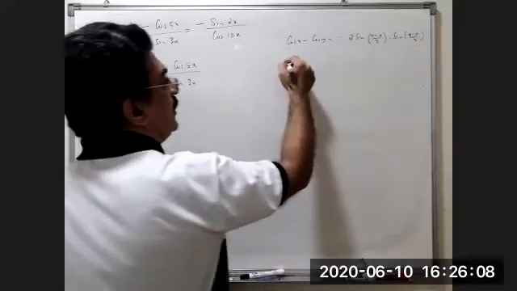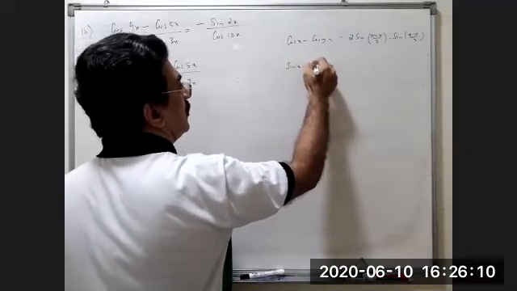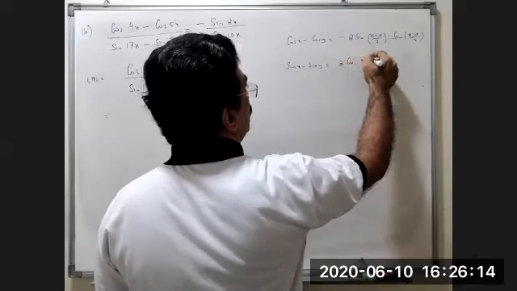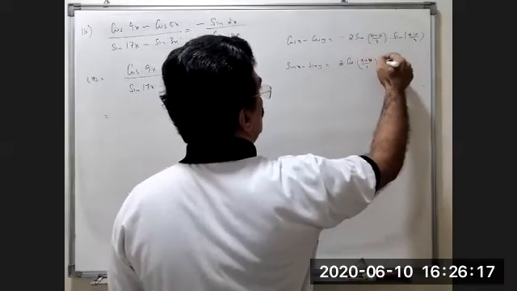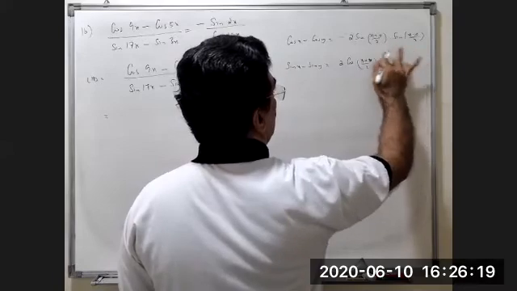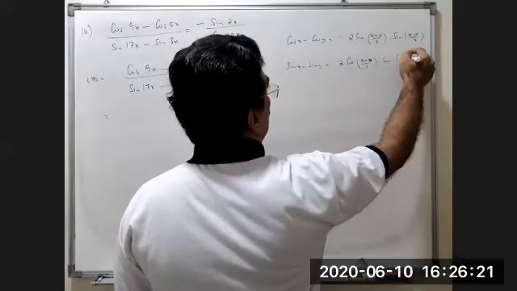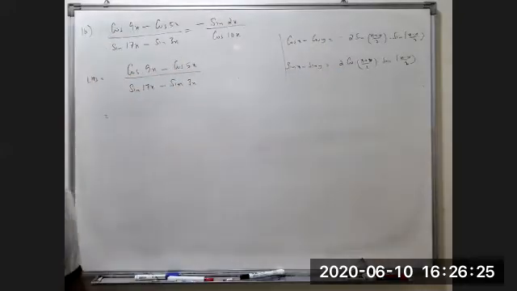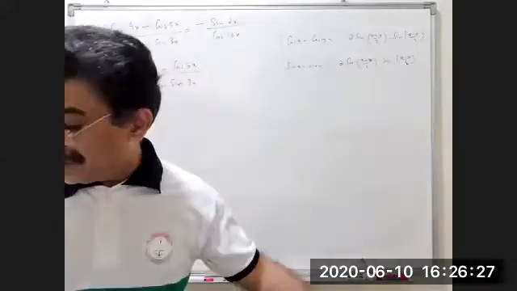Similarly, sin x minus sin y is 2 cos of x plus y by 2 into sin of x minus y by 2. These are the 2 formulas to be used. By observing it, we can make it out. There is no other choice.